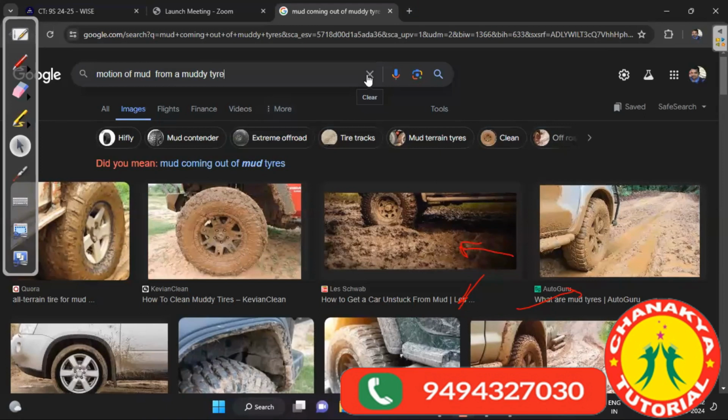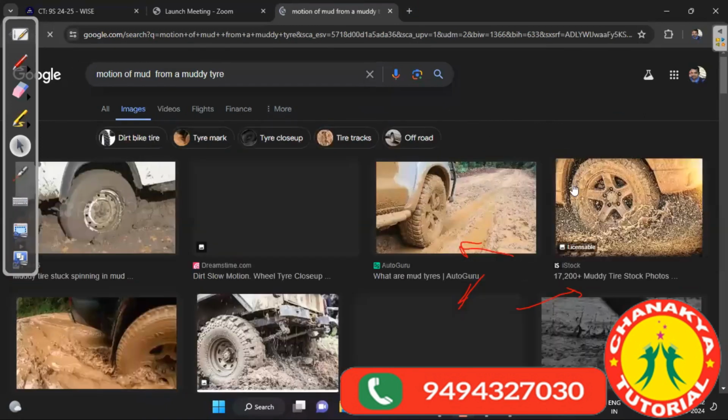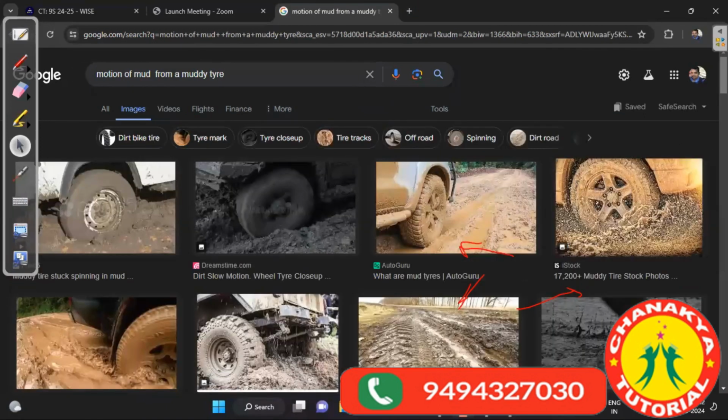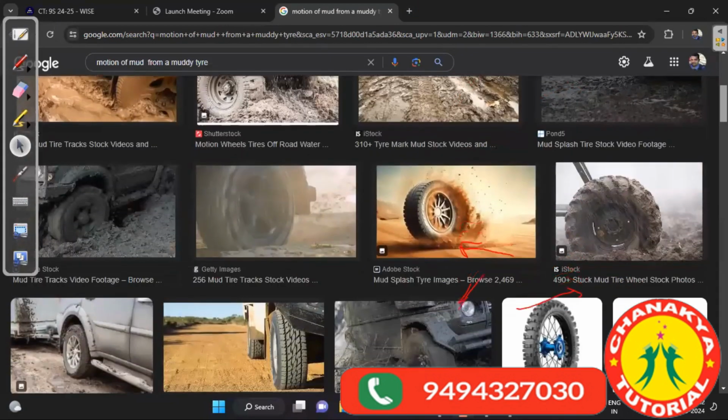Motion of mud from a muddy tire. Just one minute, I want to show you some examples.